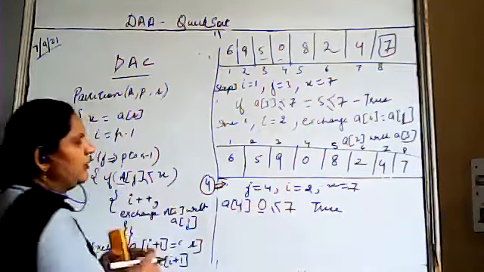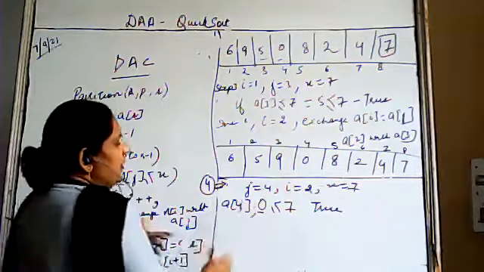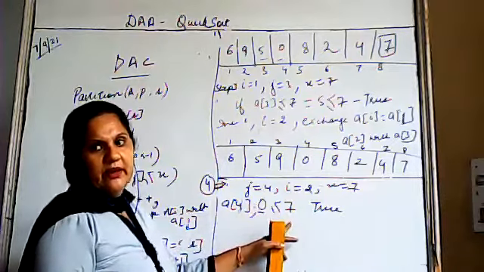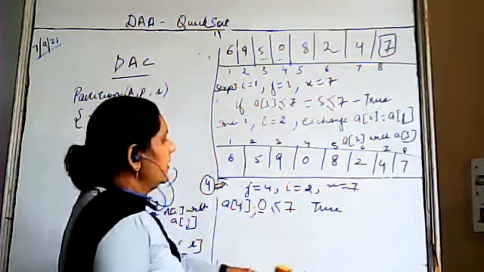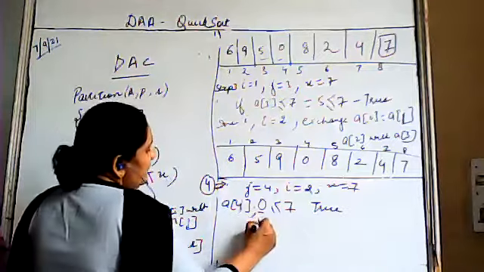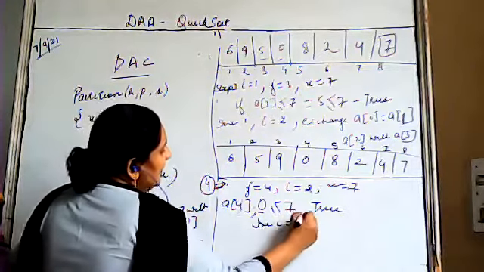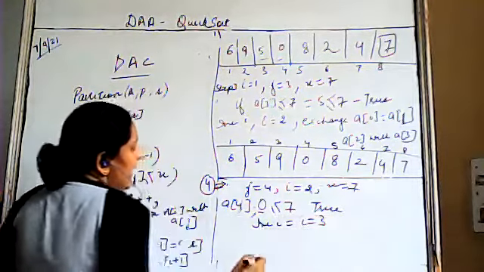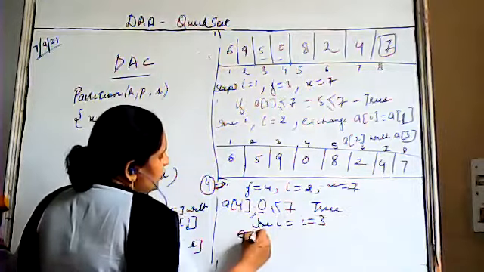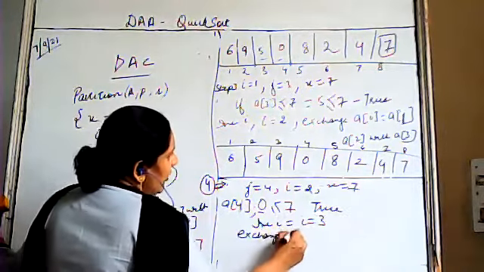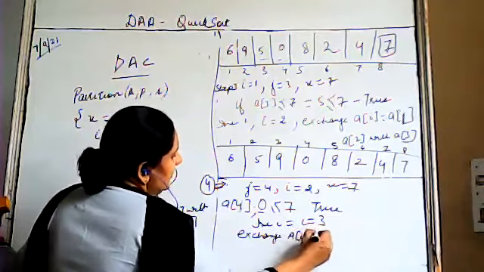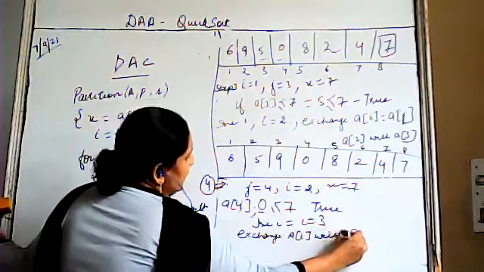That is 0 is less than or equal to 7. Condition is true. Now increment i by 1 and you will get i is equal to 3 and j is equal to 4. Now exchange a of i, that is 3, with a of j, that is 4.